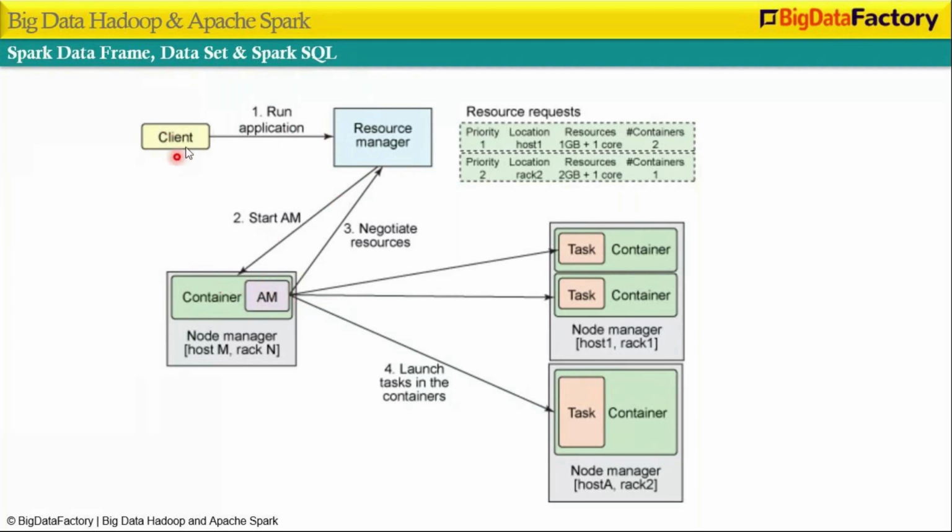If we have thousands of applications running inside the cluster, then we will have thousands of application masters monitoring those applications. That change was done inside Hadoop 2, and that is known as YARN, Yet Another Resource Negotiator.